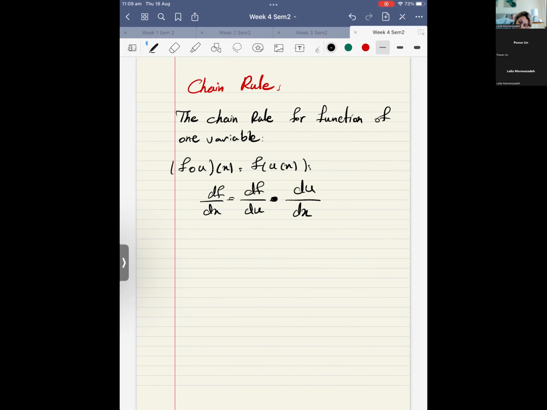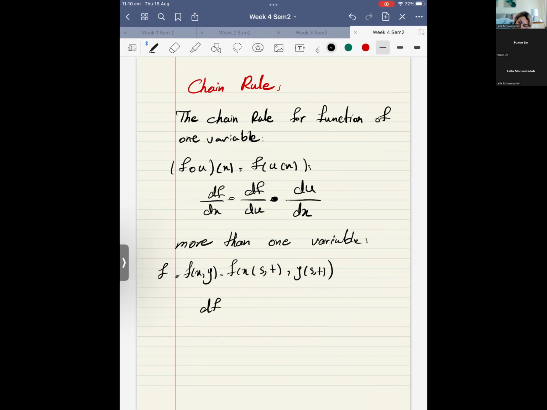Now for more than one variable, you have f equal to f(x, y), where x and y are functions of s and t, other variables.